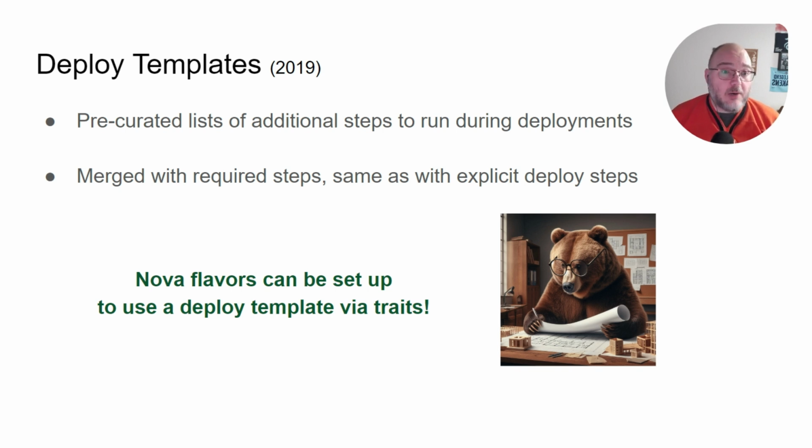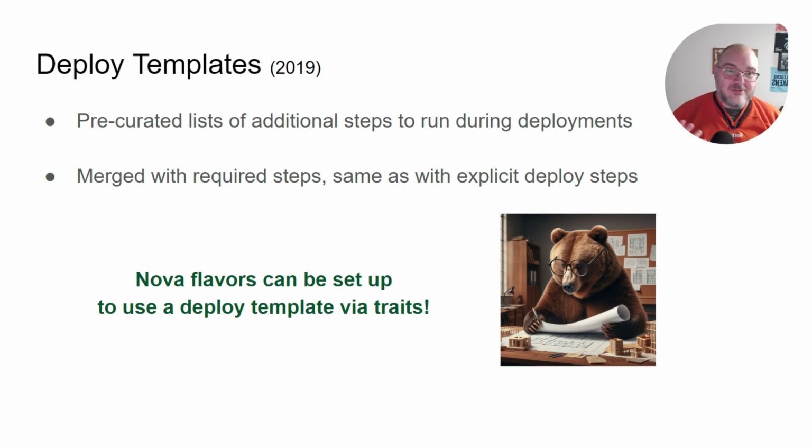Deploy templates are a pre-curated list of additional steps to run during deployments. These, just the same as when you specify the steps explicitly, get merged in with those deploy steps that Ironic includes every time. And what you can do is set up a flavor in Nova to map to a trait that matches that deploy template's name, and that deploy template will be used at deploy time.